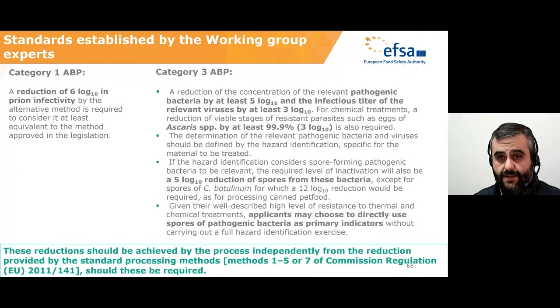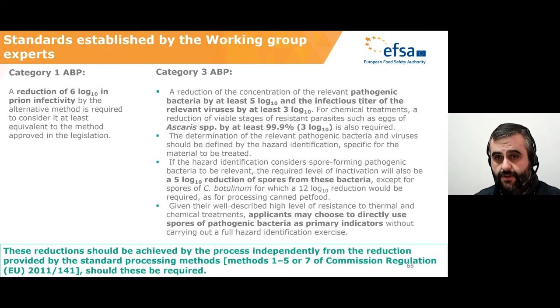Whenever we receive an application for category 3, which we have also received in the last years, a few of them, we follow a standard that is more or less similar to the one we saw in the previous slide for Annex 5 in relation to compost and biogas, with small changes that I will explain now.